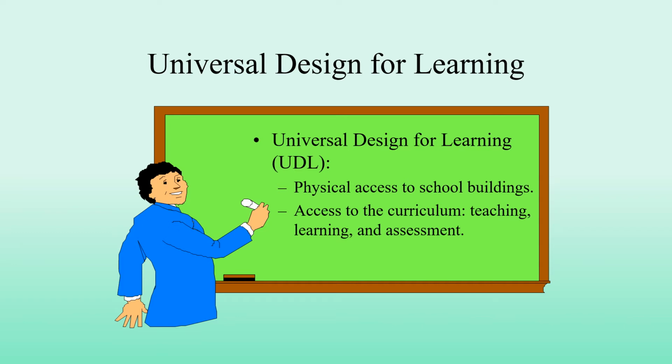But the majority of UDL actually goes into a whole other area, and that is access to the curriculum, the teaching, the learning, the assessment part of the school building. So universal design has a lot of implications for what teachers do, and in turn for what educational designers of any kinds of materials in any medium do. There are a lot of implications for us. Let's take a better look at that.